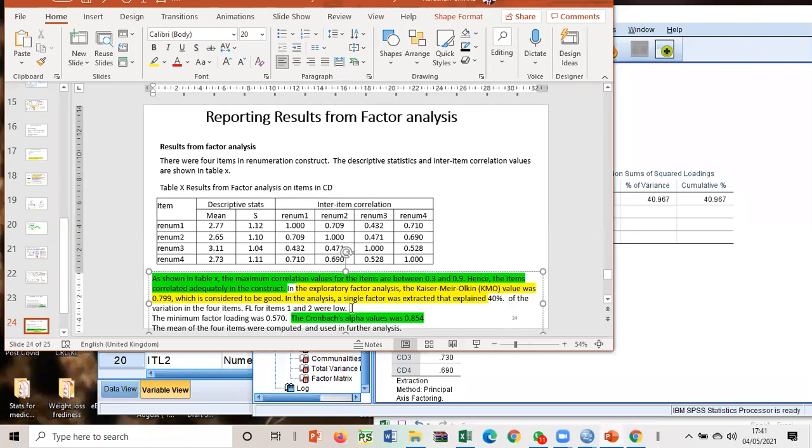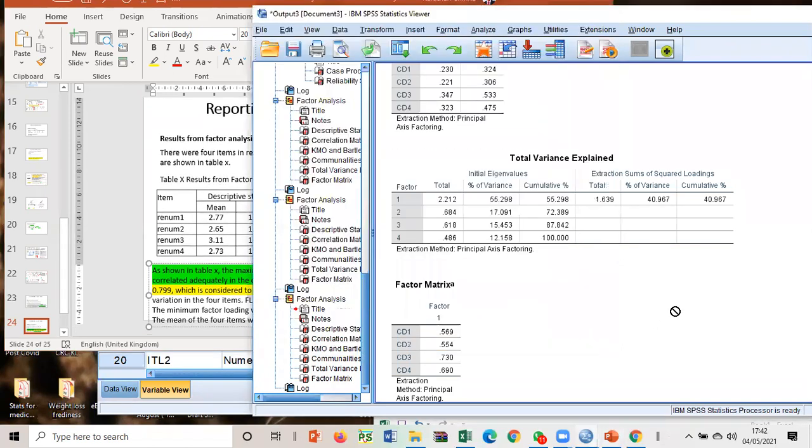After dropping these two items, the extracted variation, I call it AVE, was 44% after dropping one by one.